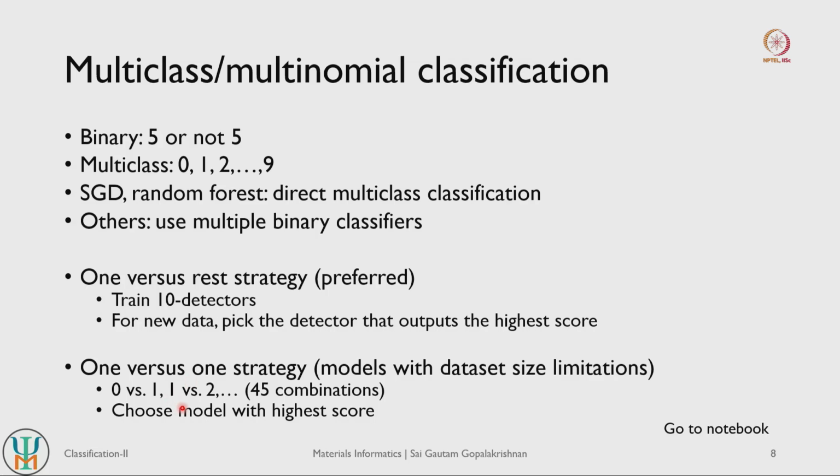It is then able to have a higher degree of confidence in its classification than just having 10 models and 10 binary predictions. So in larger data sets, with tens of thousands, hundreds of thousands, or millions of data points, you would use the one versus rest strategy, and in smaller data sets you would use the one versus one strategy. Often the choice of this strategy is done under the hood.